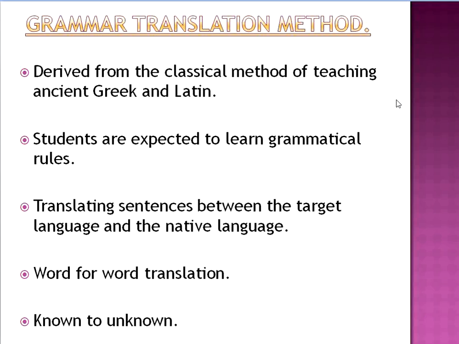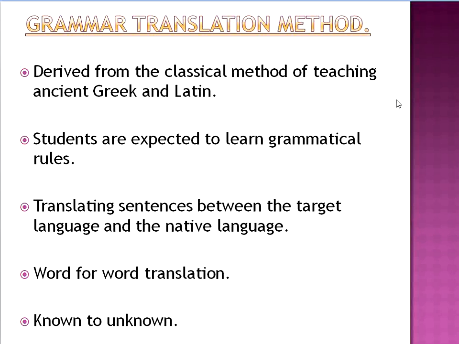What method was that? That method was none other than the grammar translation method. So we can say the grammar translation method is derived from the classical method of teaching ancient Greek and Latin. This is all about the first point.